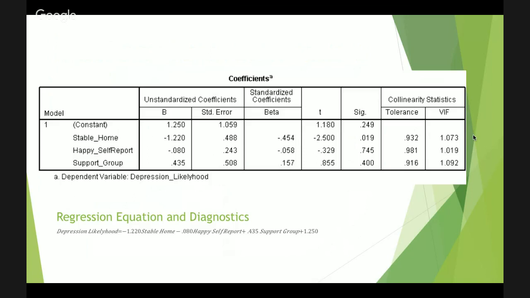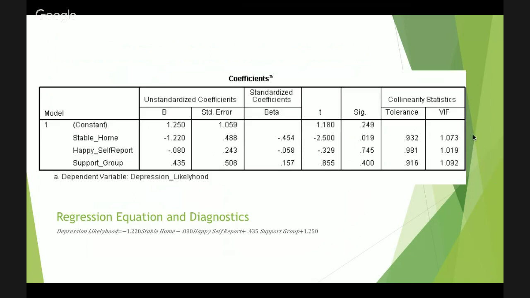So using the factors from earlier, we put them into regression. But since it's regression now, we can't call them factors anymore. These are now covariates. Using the covariates, we get this table, and using the B's under the unstandardized coefficients column, we get the following equation at the bottom: likelihood of depression equals negative 1.22 times the stability of the home, minus 0.08 times self-reported happiness, plus 0.435 times support group availability, plus 1.25, which is our constant.